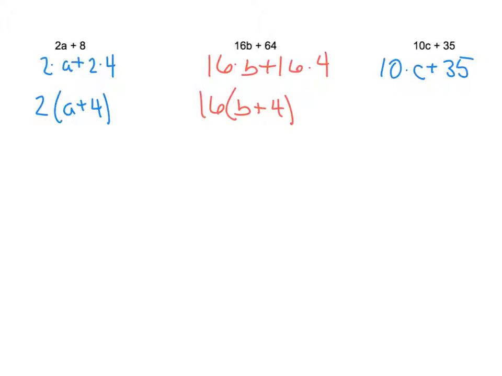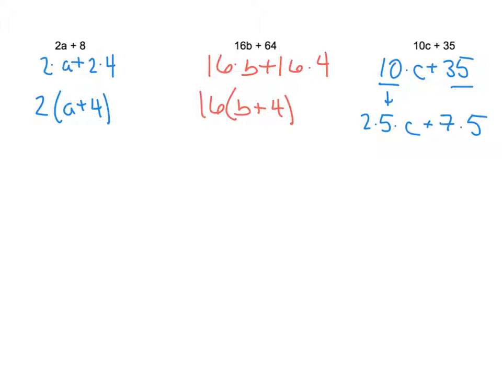So instead, I'm going to have to come up with another number that I know is a factor of 10 and is also a factor of 35. Well, let's think about my factors of 10. I know that this can be written as 2 times 5. So this would then be 2 times 5 times c plus 7 times 5.